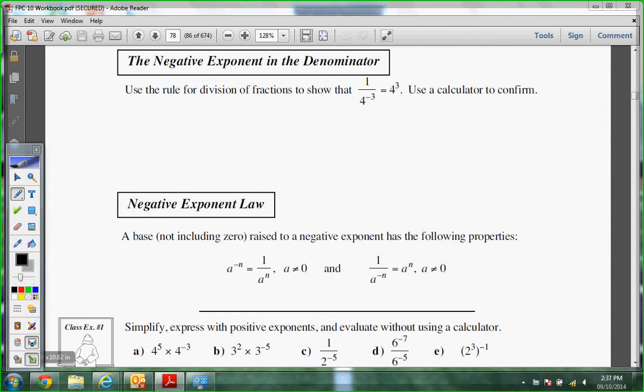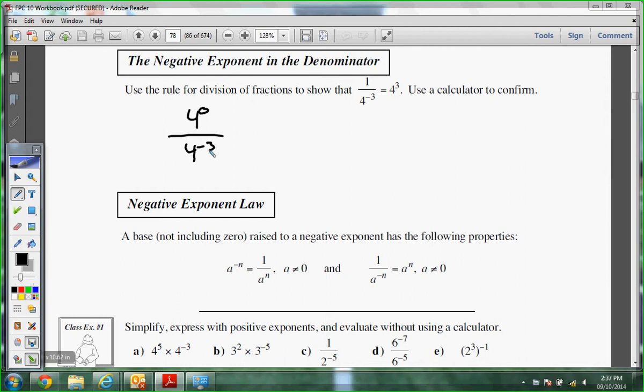How can I write 4 with an exponent that equals 1? So 4 to what power equals 1? 0. So I'm going to write this as 4 to the 0. Then 4 to the negative 3 is on the bottom, correct?